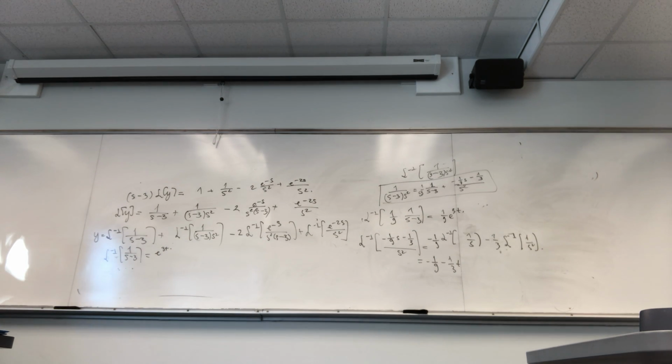So for the second inverse Laplace transform, we have minus 1 over 9 s minus 1 over 3, over s squared. The first term is s over s squared, which is 1 over s. This gives me minus 1 over 9. The second guy is minus 1 over 3 over s squared, which gives me t.